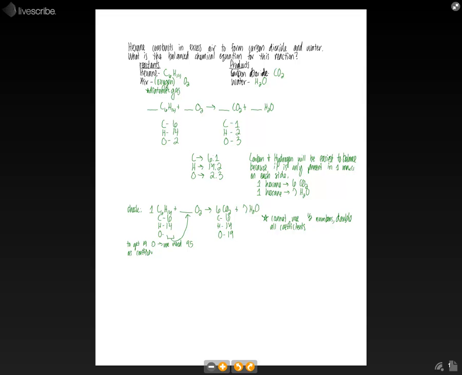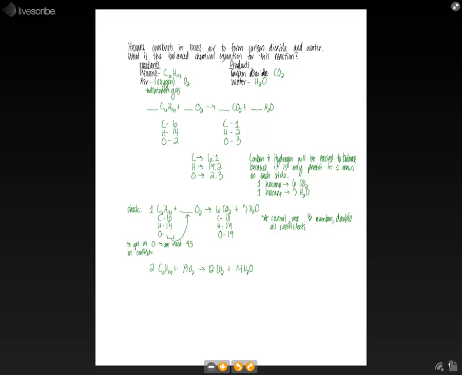Once we double everything, we can recheck this. So now we're going to have 2 C6H14 plus the 9.5 was our original coefficient, times 2 will give us 19 O2, yields 12 CO2 plus 14 H2O.